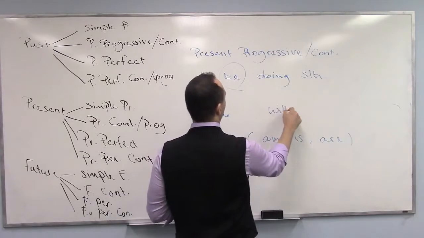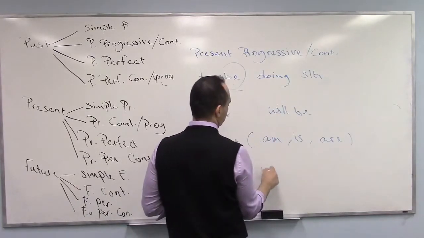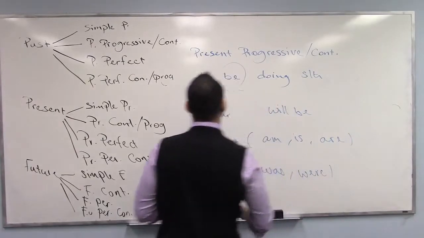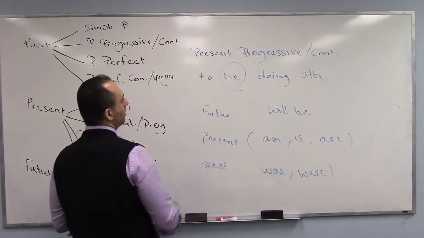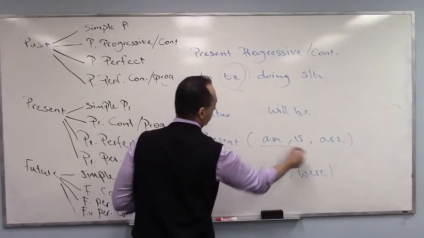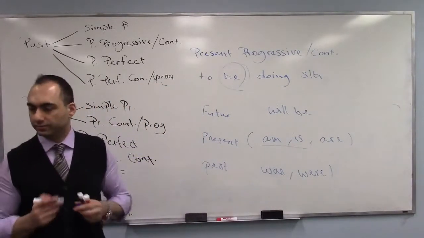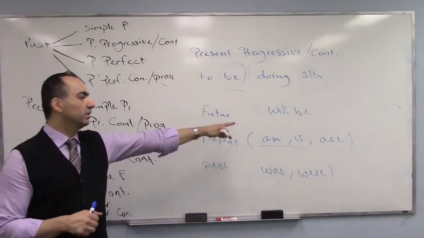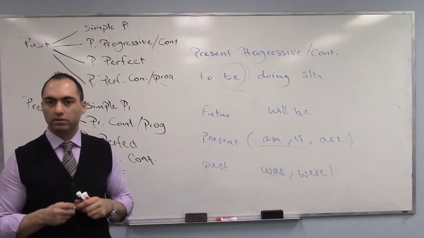Future, will be. Past, was or were. But I said to be doing something here, I mean am, is, are for present. So the verb to be has 5 verbs in it.